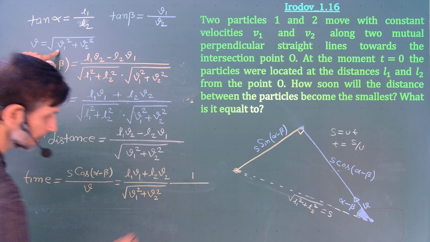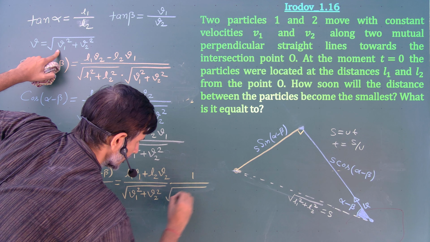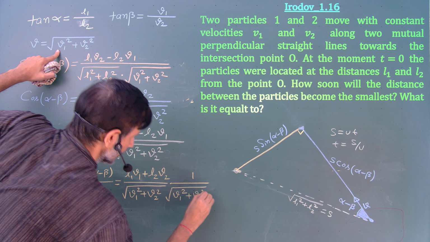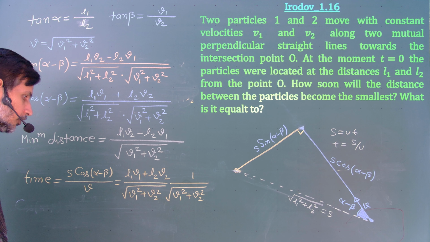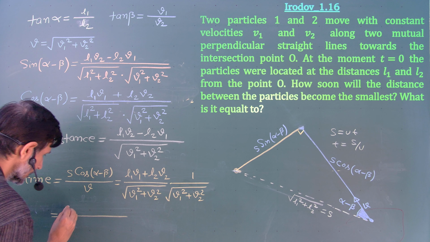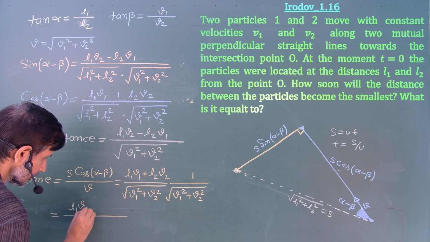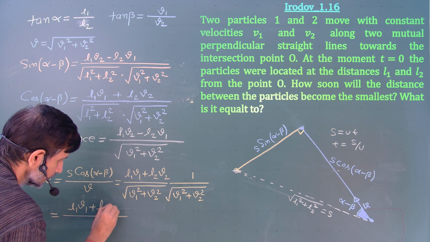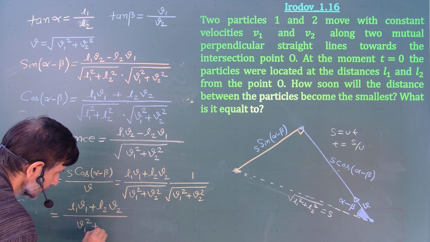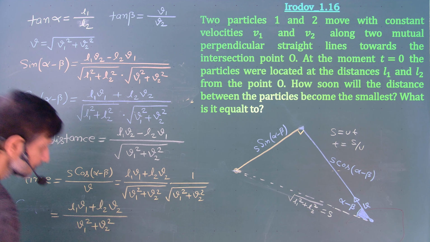This is under root V1 square plus V2 square. So this root will be gone. So the answer is L1 V1 plus L2 V2 divided by V1 square plus V2 square.